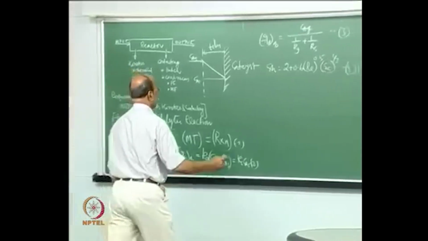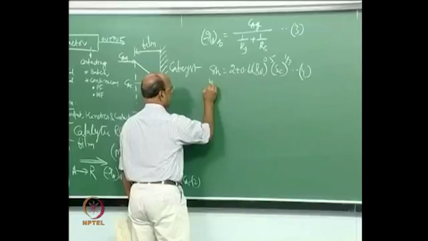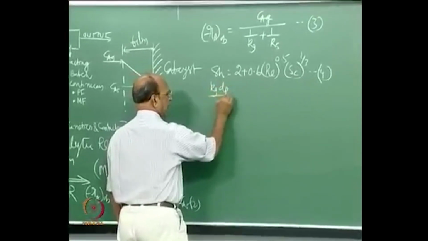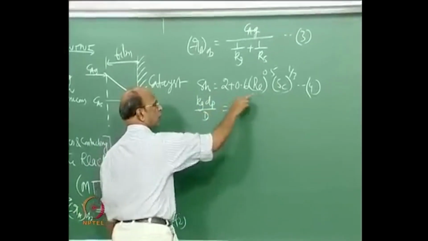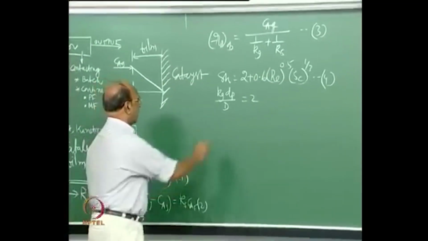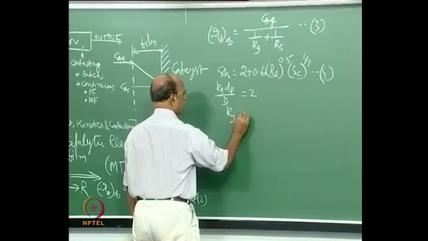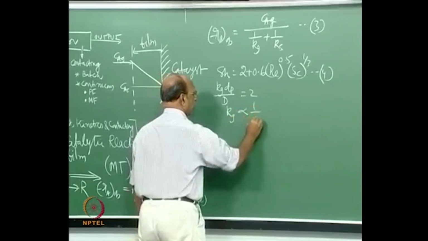So, I will write this as Kg dP by D equal to 2 when that term is 0. I am just neglecting that. So, this gives me Kg inversely proportional to dP.